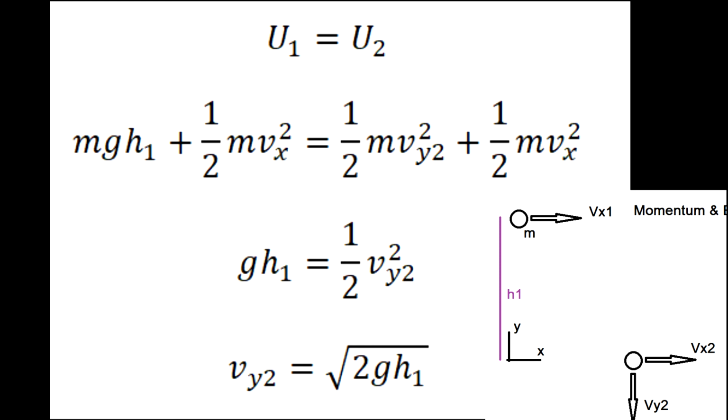You have your most potential energy, mgh1, plus 1/2 mvx squared, is equal to 1/2 mvy2 squared plus 1/2 mvx squared. You can cancel out the 1/2 mvx squared terms and simplify to get that your velocity in the y direction, the magnitude of it at least, is equal to the square root of 2 times gravity times your initial height.